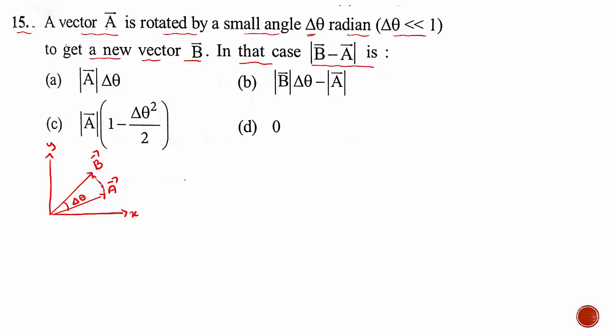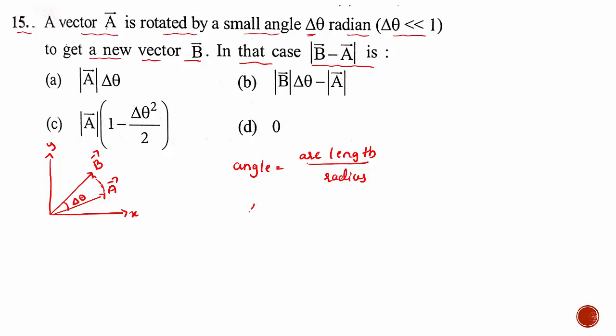So here we have to find mod of B minus A. Yes, we know the definition of angle. Angle means arc length divided by radius. Here the angle is delta theta, the small angle, equal to arc length divided by radius.